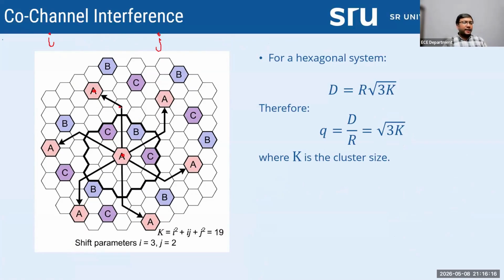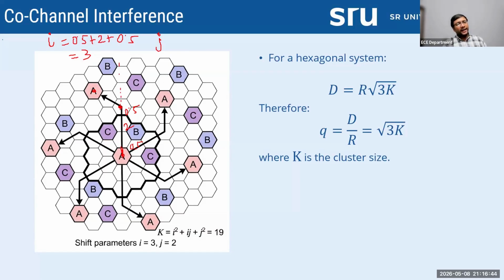So along I, how many cells am I traveling? From the center to this is 0.5 or half cell. Then I am covering 2 cells. Then I am covering 0.5 or half cell. So the value of I should be 0.5 plus 2 plus 0.5. So this is 3.